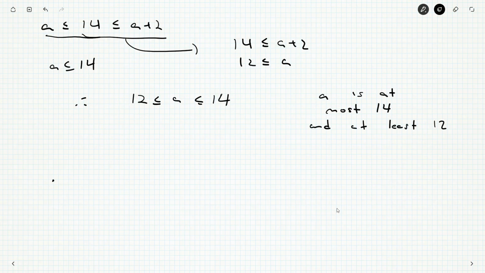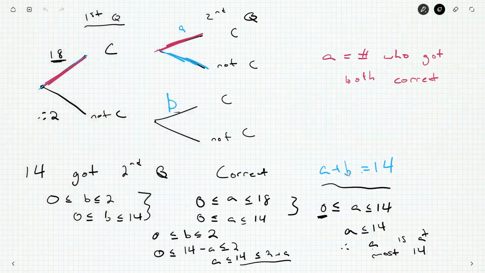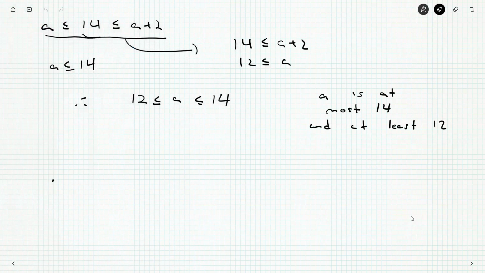Okay. Now, how do we know this is true? Didn't you just have an inequality here that said A could be at least 0? How do you know 12 is right? How do you know 14 is right? Well, we can double check them by filling in a tree diagram that makes sense and has these numbers. So 18 here, 14 here. So that would mean 4 got the first question right but didn't get the second question right.